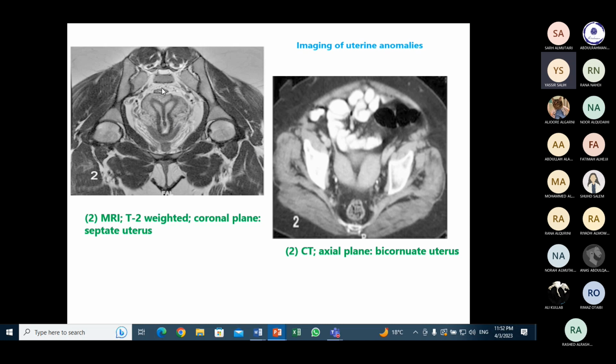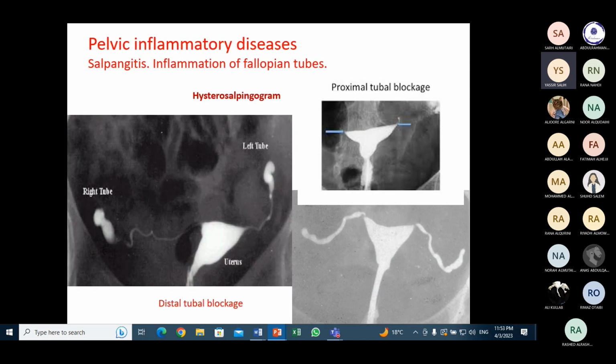Here in the coronal MRI you can see the septate uterus. There are two horns with a septate angle. MRI demonstrates the septate uterus.